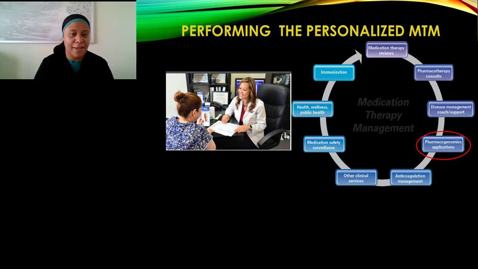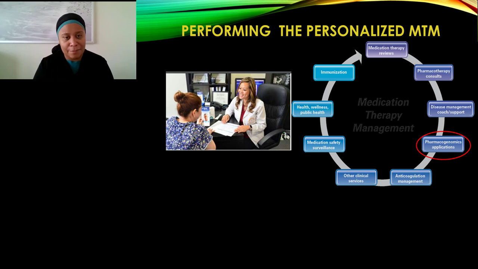So back to performing the medication therapy management, or what we call the personalized medication therapy management, because now we've incorporated their genetic information. And if you look at this, this is what we've always envisioned as medication therapy management, where you have the pharmacotherapy, you have the disease management, whether it's anticoagulation, whether it's medication safety, patient's immunization, and having this fit in, it's very timely with value-based care.